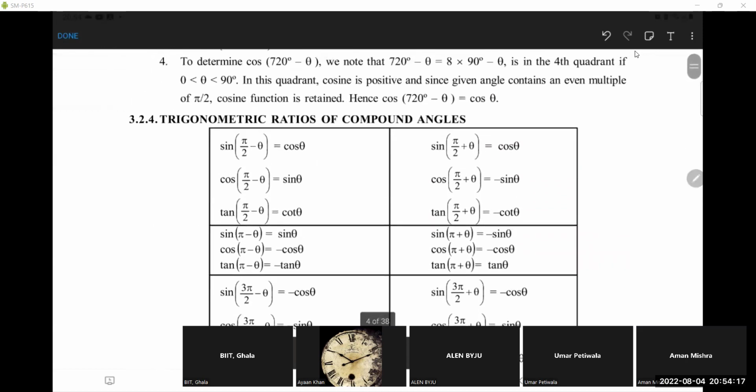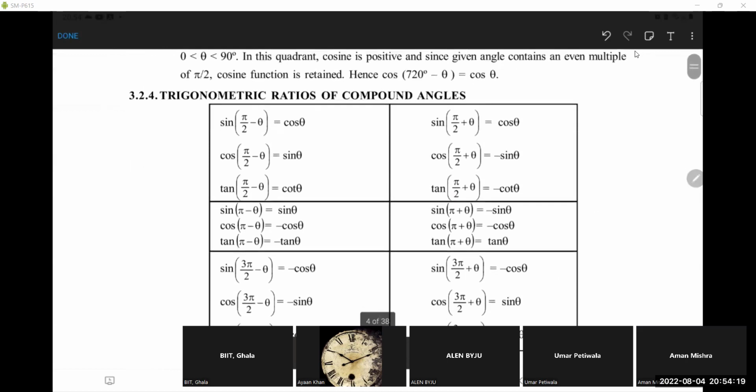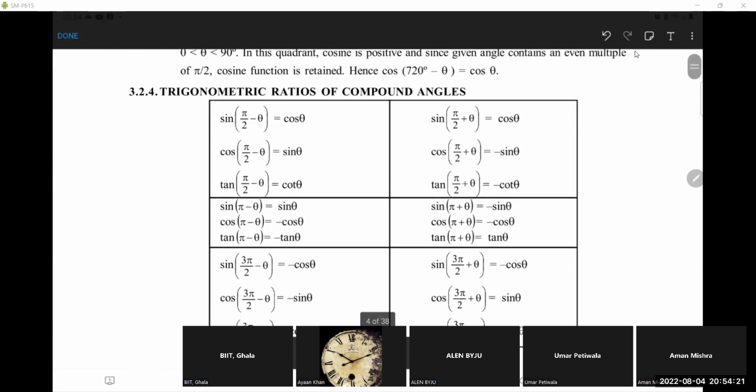Now we are going to explain this part: the trigonometric ratios of compound angles. That means, what about sin of 90 plus theta, 90 minus theta?